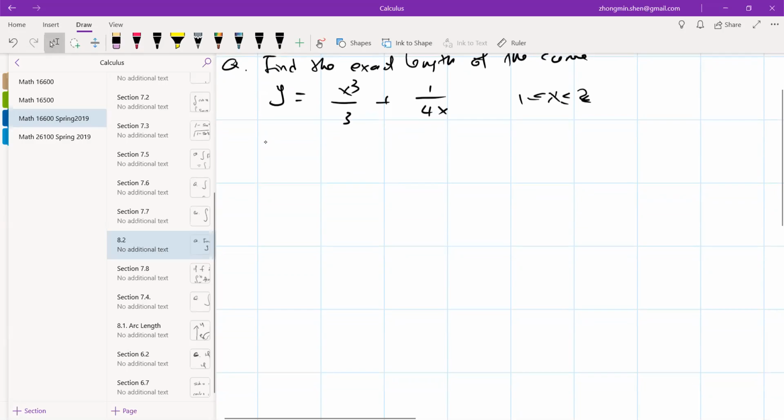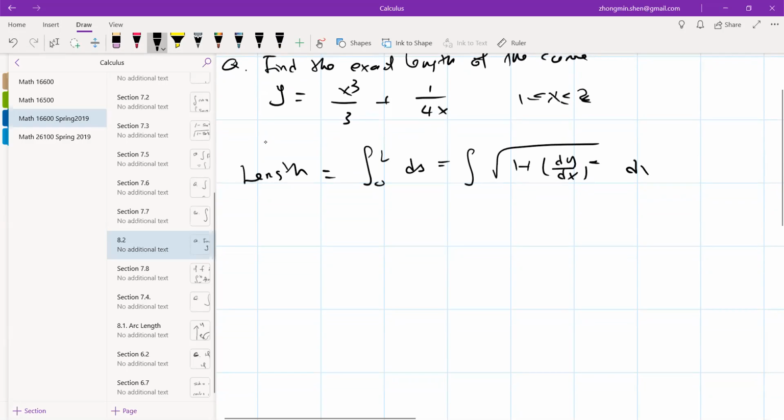You write down the length function. The length is the integral of ds, that's the original formula. Then you choose the x variable or the y variable. Clearly this will be the x variable, because y is given as a function of x, and x is between 1 and 2.